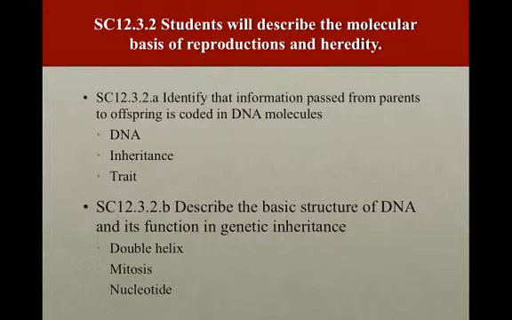Okay, so identify information is passed from parents to offspring and is coded in DNA molecules. We already talked about DNA, and inheritance is how the information, that whole sentence above, the identified information passed from parents to offspring, that is how things are inherited. And then there's two different kinds of traits.